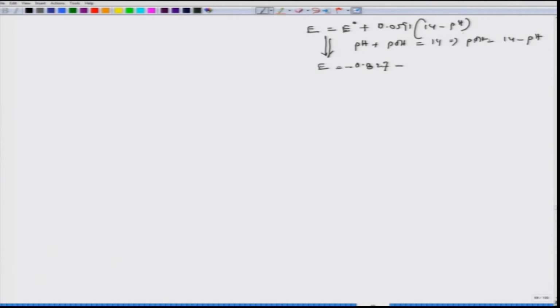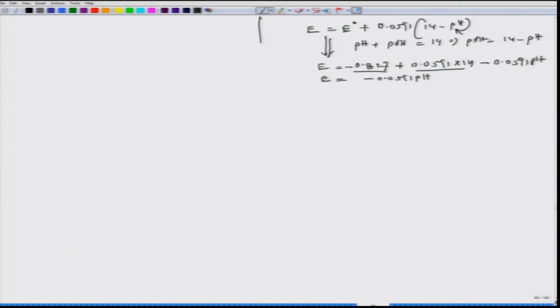So, that is what you have put here. This becomes plus 0.0591 into 14 minus 0.0591 pH. You will see that these two quantities cancel, so it becomes minus 0.0591 pH.